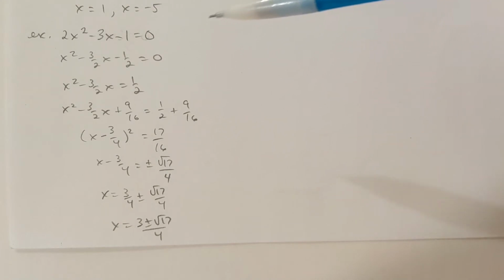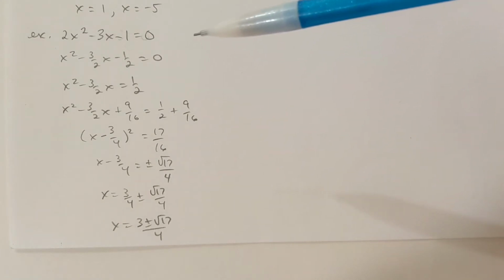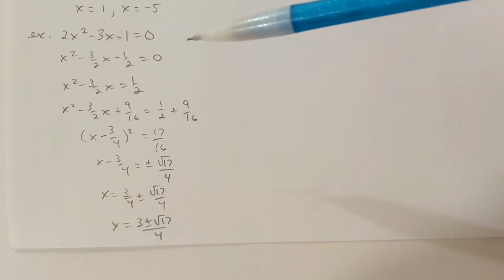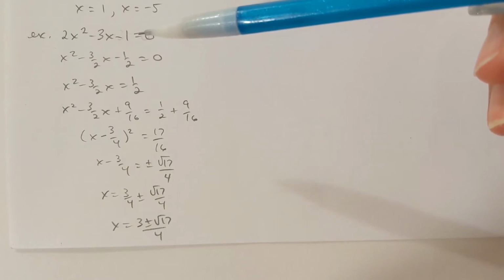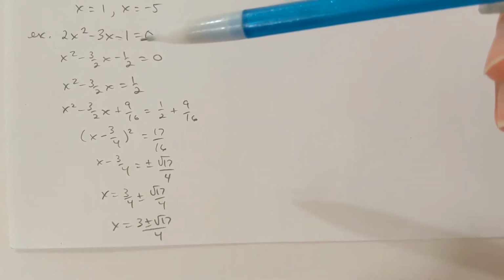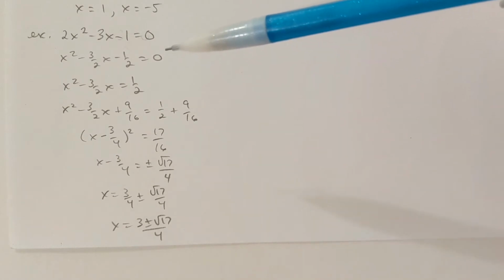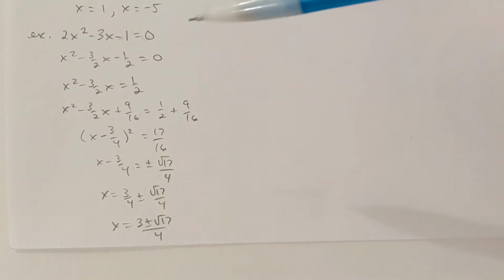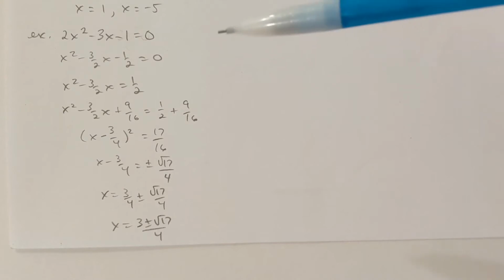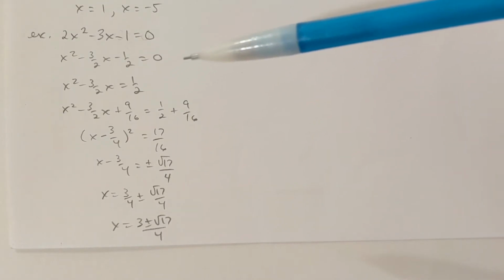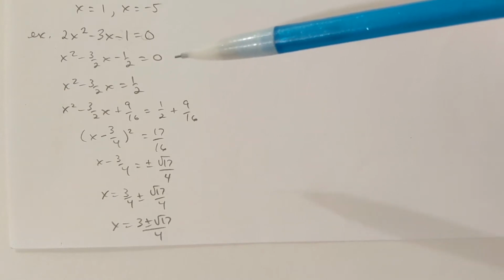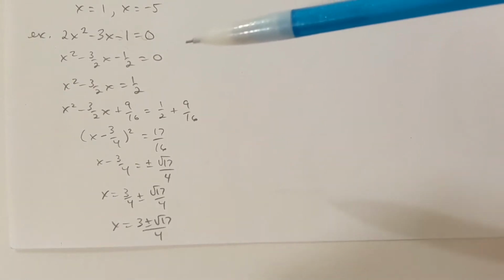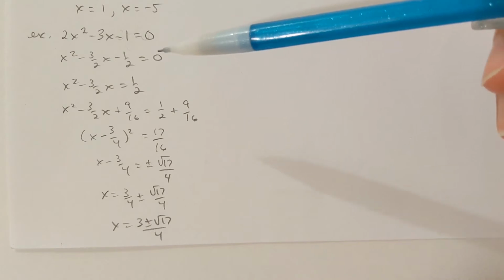Second problem is 2x² − 3x − 1 = 0. I can divide by 2 on both sides.